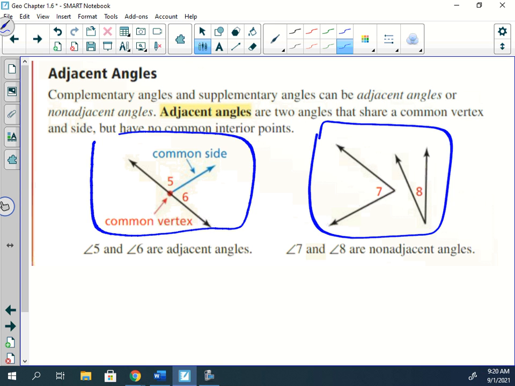These here would be because they do share a common vertex and a common side. They are next to each other. So the real big thing we can say with adjacent is common vertex, common side.